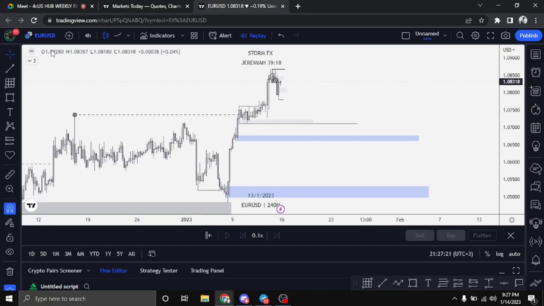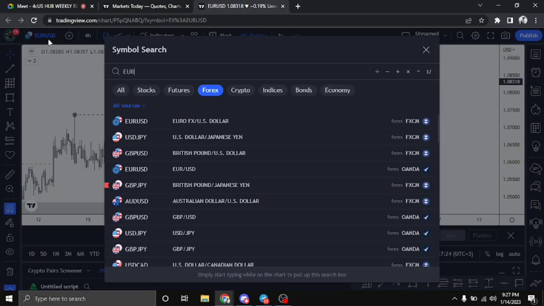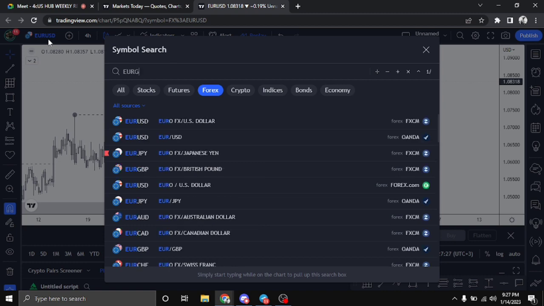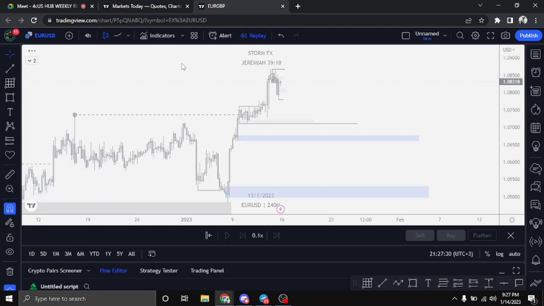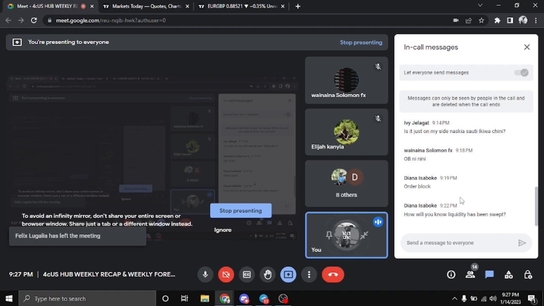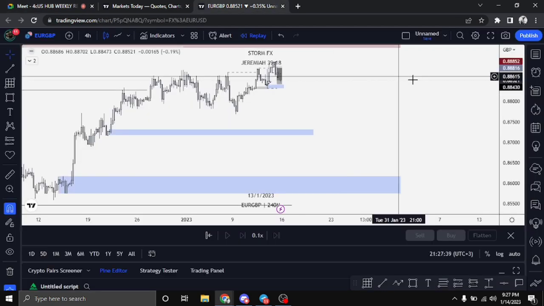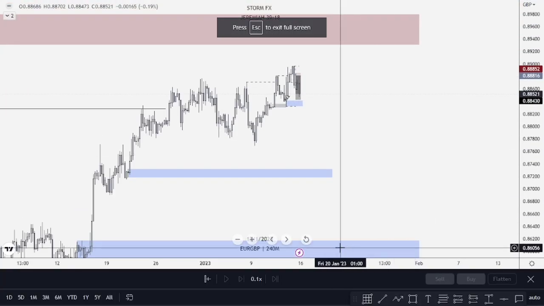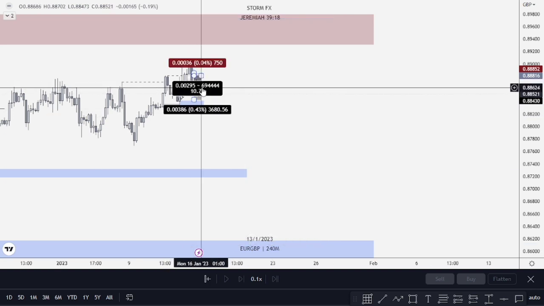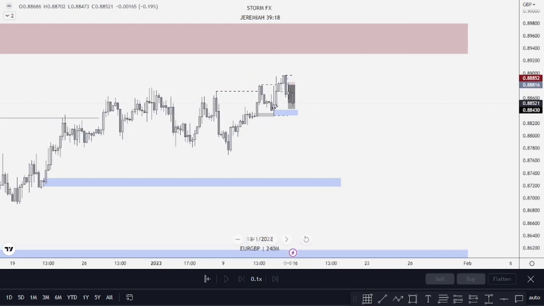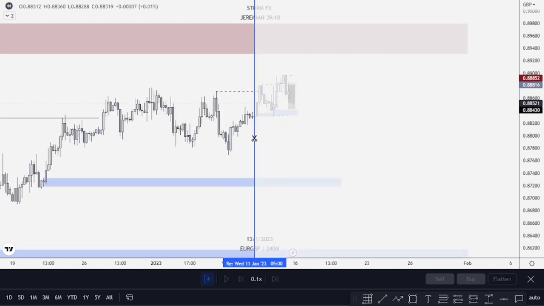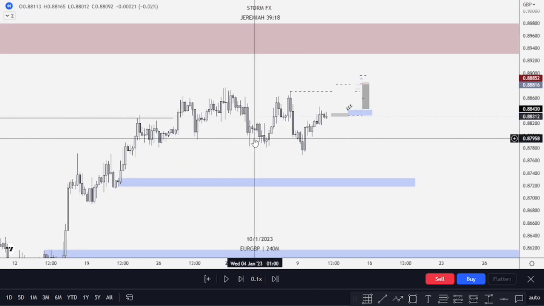Second trade I took was Euro GBP. Euro GBP, you need to have favorite your focus. How will you know liquidity has been swept? Well, okay, so Euro GBP, I still have a trade running on Euro GBP, so I'll come to it. So that was the zone. When was Monday?